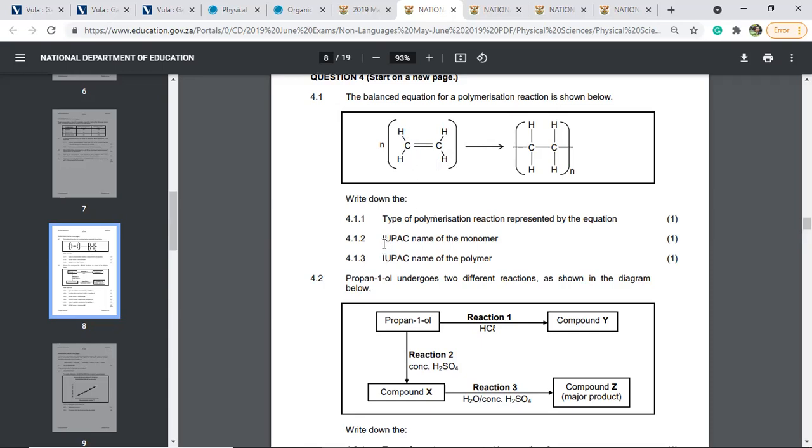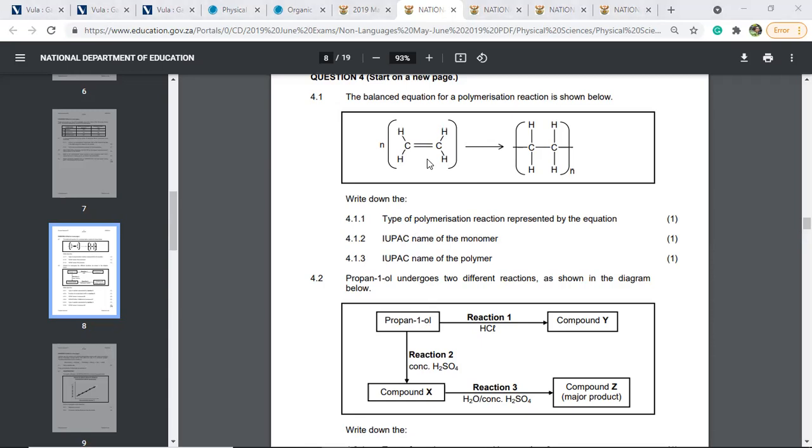So the IUPAC name of the monomer here will be ethene. Why is it ethene? It's because there are two carbon atoms, there's a double bond between them, and 4 hydrogen atoms attached to those carbon atoms.